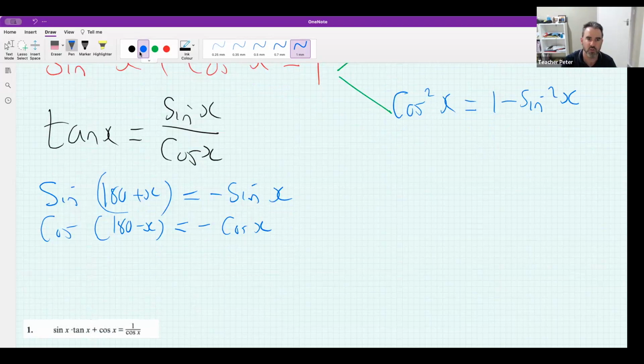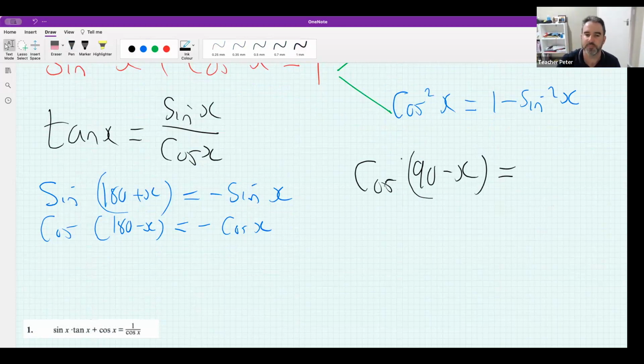And then there's also things called co-ratios. So if I say to you the cos of 90 minus x, I'd like you guys to put this in the chat. What do you think the cos of 90 minus x is the same as? We covered this on earlier videos, but it's always good to check.